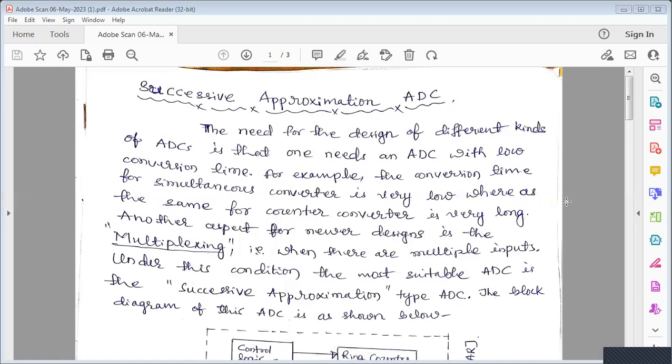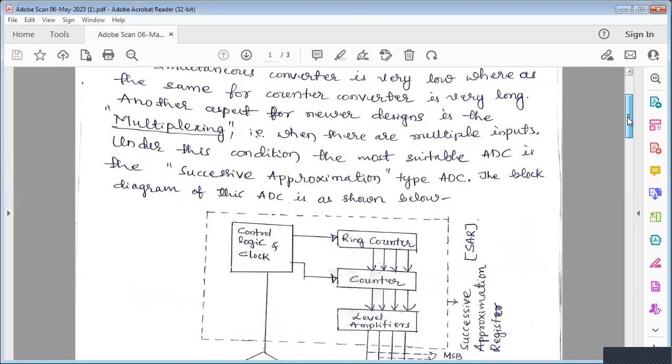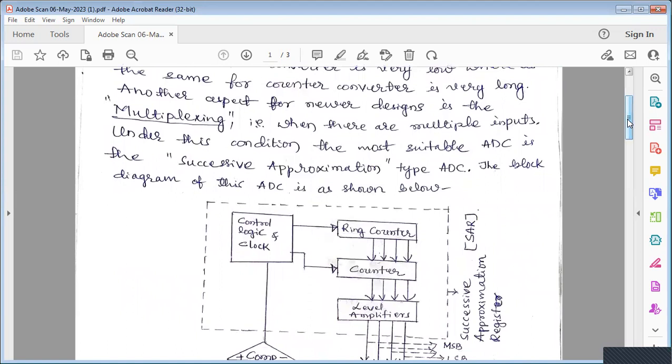Another aspect for newer designs is multiplexing. Sometimes multiplexing is to be done in the circuit. And what is multiplexing? Multiplexing means when there is more than one input to the ADC.